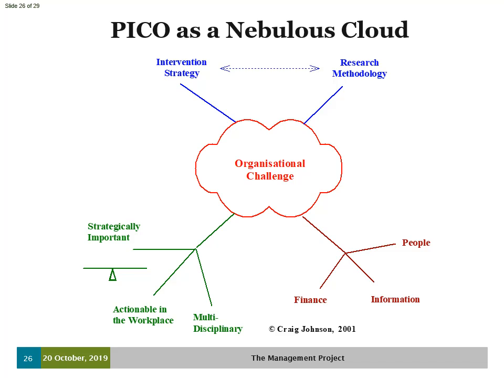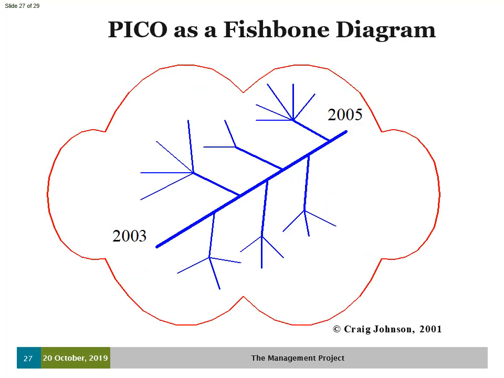These two have a dotted line between the two because they interact over the life cycle of the project. As your management project evolves, you'll get a greater understanding of what your management project is about. It is the convention that you write your management project up as if it was always going to be that way. You always write it up in hindsight.